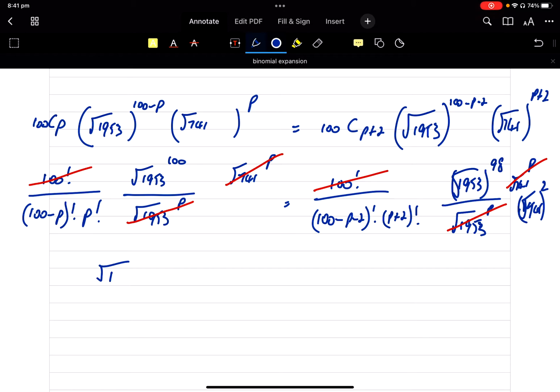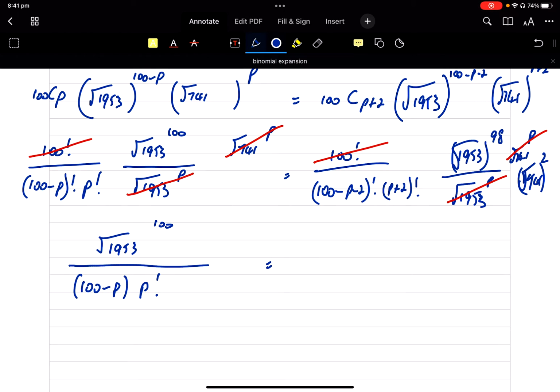So root 1953 to the power 100. Loving that. 100 minus p factorial. So this is strategy in your exam, is to neaten things up so your eyes can see what's going on. Root 1953 to the 98.